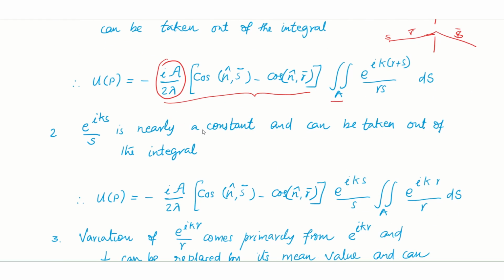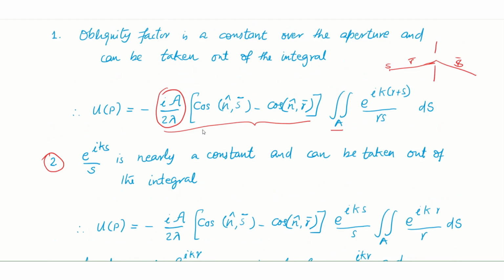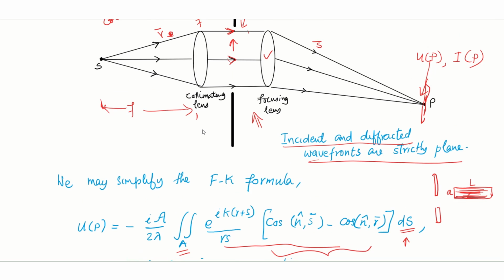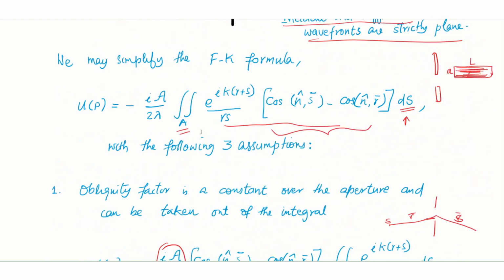Now the second assumption is that e to the power iks over s is nearly constant and can be taken out of the integral, because here this has to be symmetric for us to be able to make use of a lens to make it collimated and parallel to the slit, a plane wavefront.